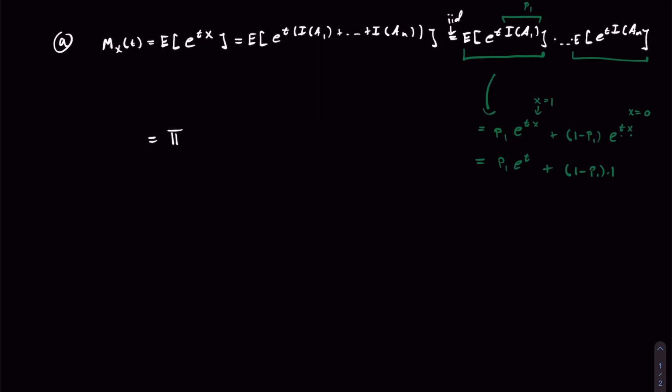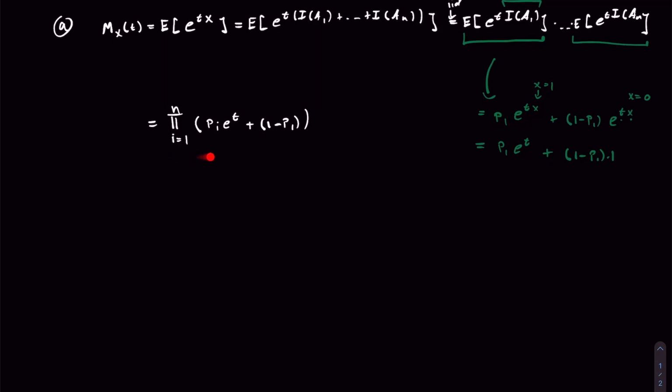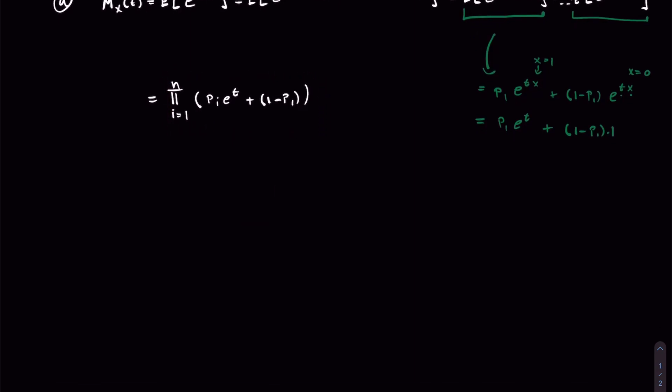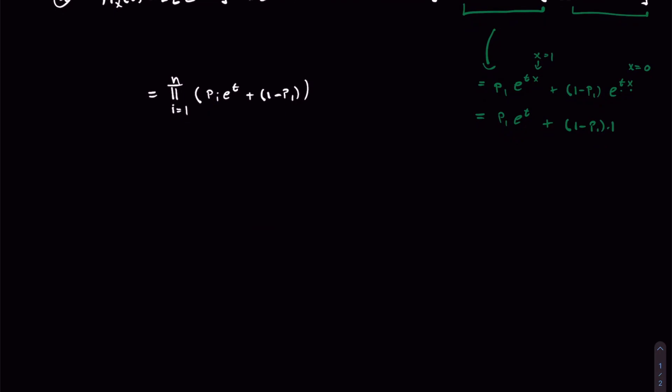So we're taking the product from i equals 1 to n of P i e to the t plus 1 minus P i. That is the MGF of X. And notice this is as simplified as it can become at the moment, because we have different probabilities.